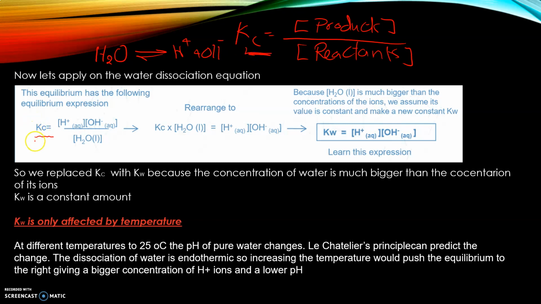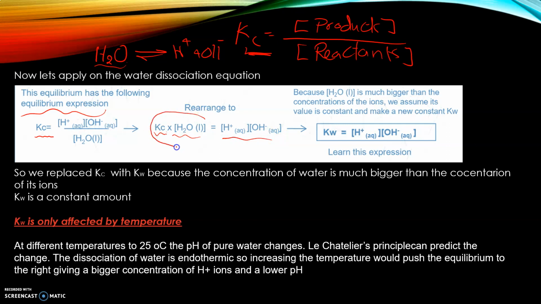As we can see, the Kc, which is the equilibrium expression for the dissociation of water, equals, at the numerator, the concentration of hydrogen multiplied by the concentration of hydroxide, and divided by the concentration of the reactant, which is water. Now let's rearrange. We only need that. So Kc times the concentration of water gives that.